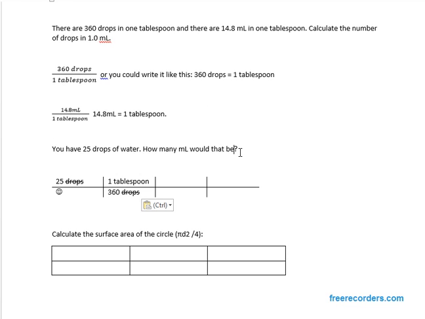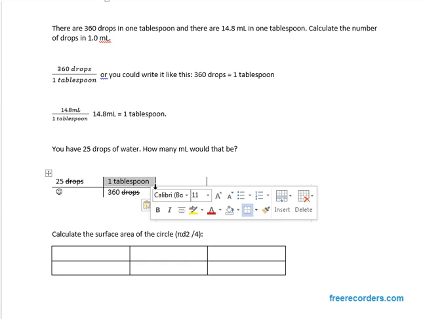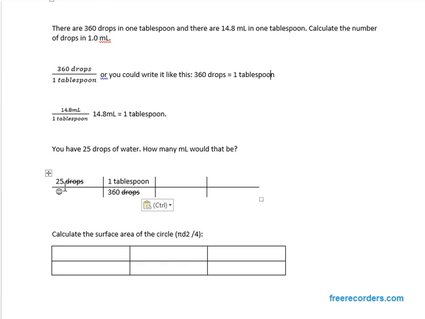So here I am at tablespoons, but I want to eventually have my answer in milliliters. So I can use this equality, that there is 1 tablespoon and 14.8 milliliters. I have tablespoon in the numerator here, and this works in zigzag fashion. Whatever's in the numerator here goes in the denominator of the next fraction.